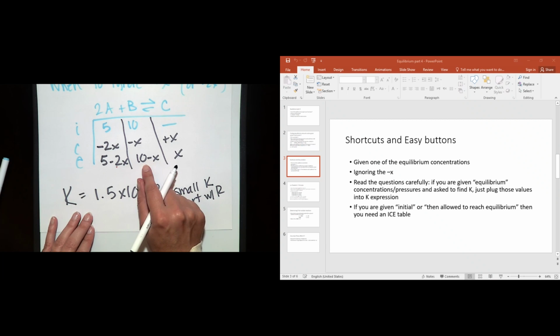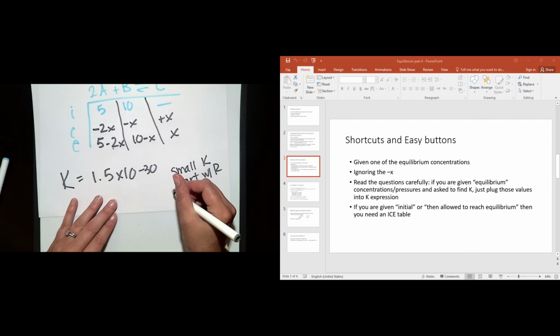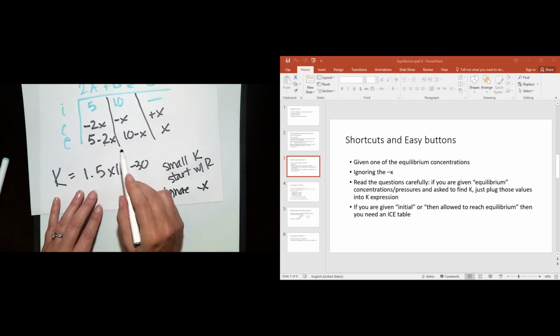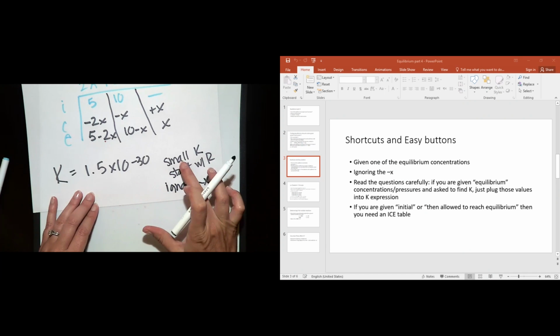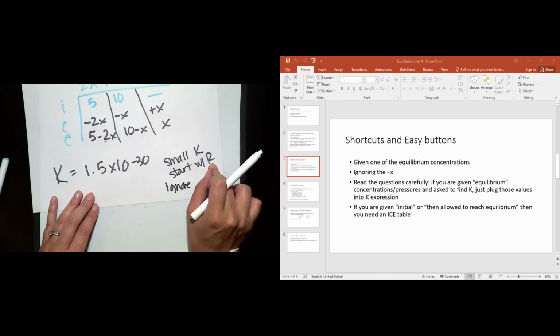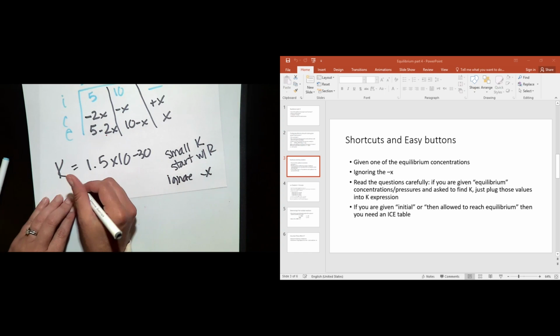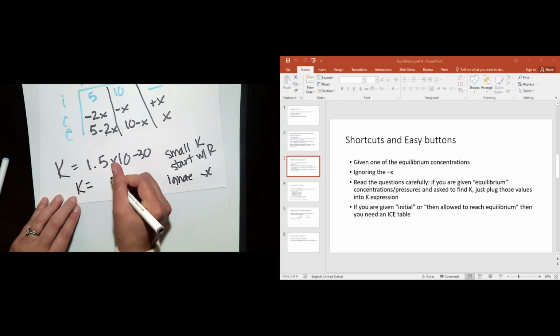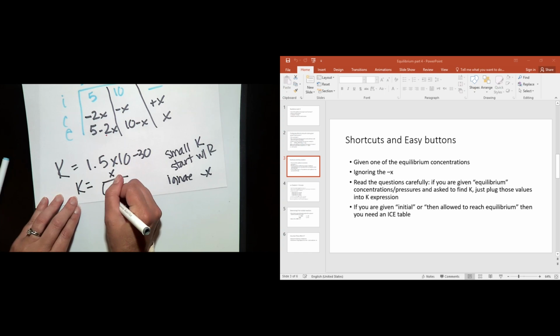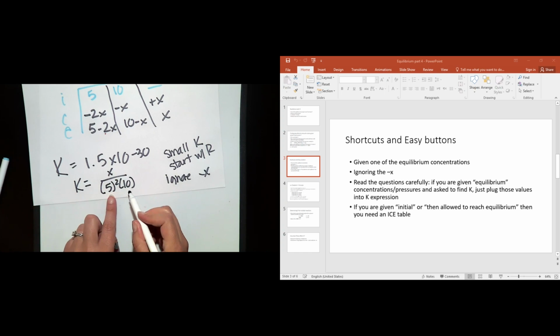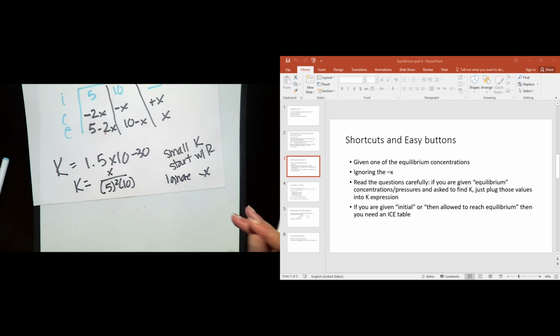It's pretty much still 10. So we can ignore the minus x or minus 2x when we're starting with only reactant and the value for K is very small. So we would set this up to be K equals x divided by 5 squared times 10, right? We're ignoring the minus 2x or minus x.